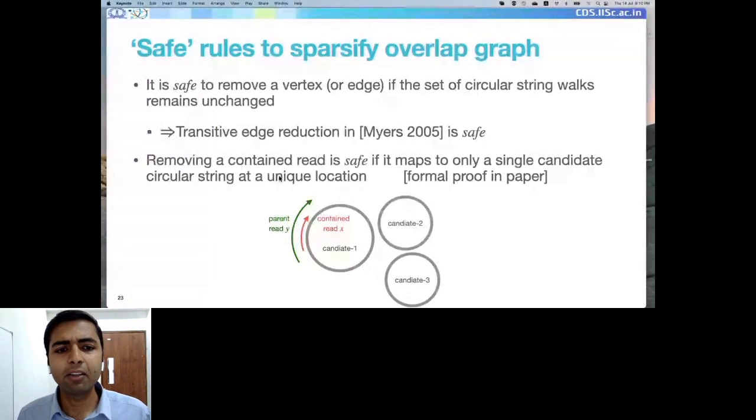The second useful property is that removing a contained read is safe if we know that it maps to only a single candidate circular string at a unique location.